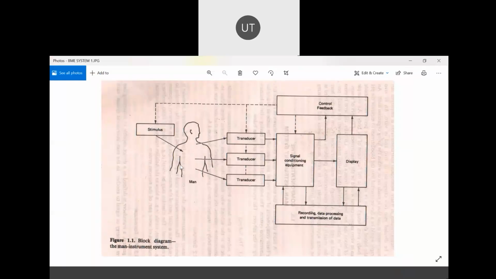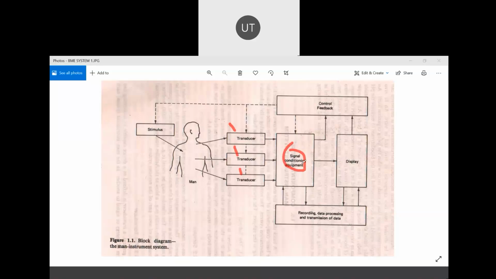So this is man. For measurement of the signals, you will require the transducers, which are shown over here. Different parameters we want to measure, that's why the different transducers are shown. Then you will require signal conditioning of that equipment: filtering of the signal or removing the noise, or amplifying the signal.